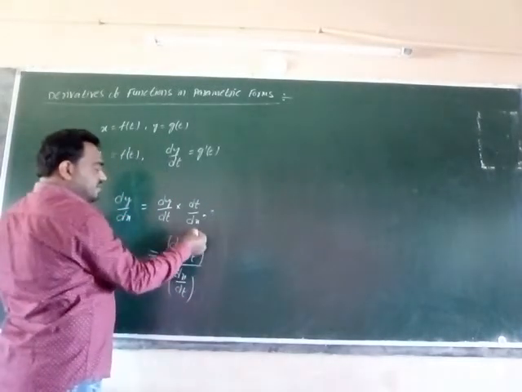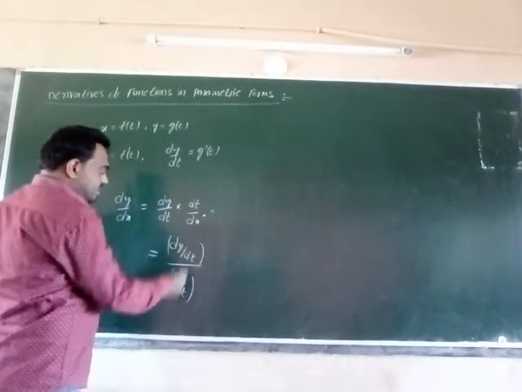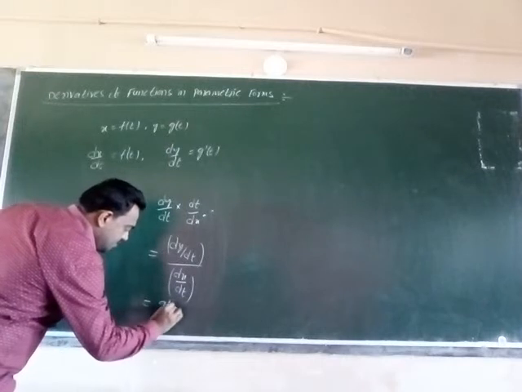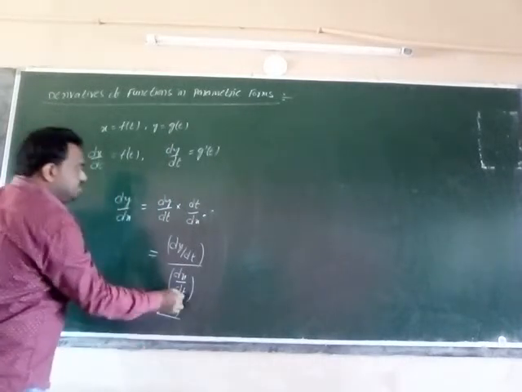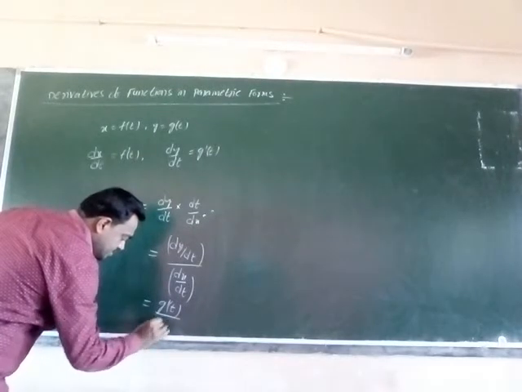The first expression goes in the numerator and the second in the denominator. So dy by dt is g dash of t, and dx by dt is f dash of t.